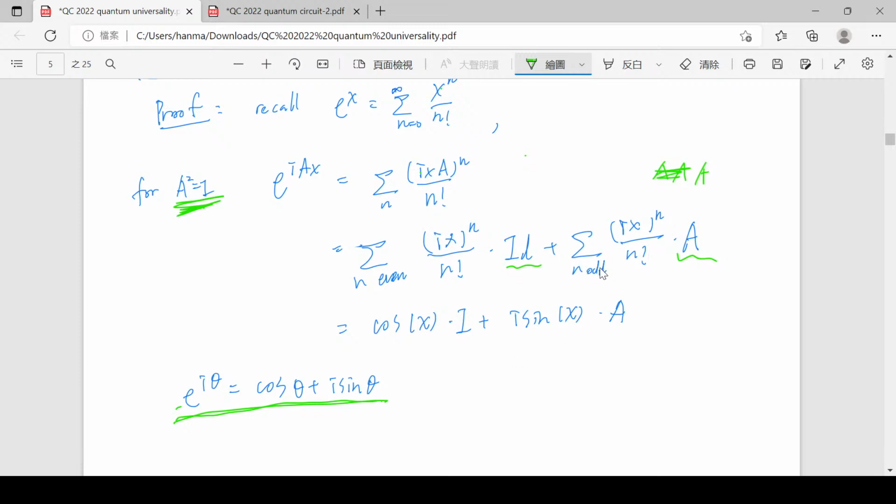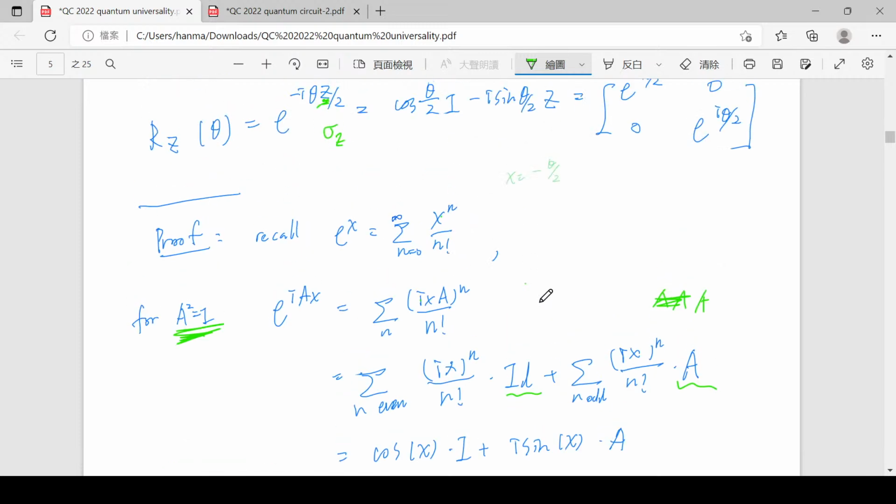So let's just recall that. Let's just use the result from calculus, and you know this should be cosine x, and this should be i sine x. Okay. Any question? Hopefully everyone gets this review of calculus.